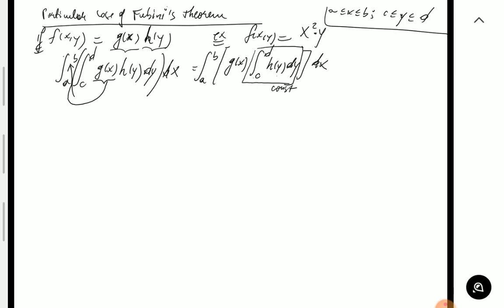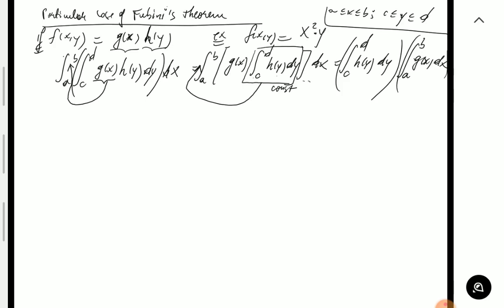And this constant, which is inside the x integral, can be pulled out of that outermost integral. Therefore, when everything is said and done, you're left with the product of the integral in x for the portion that depends on x with the integral in y for the portion that depends on y.